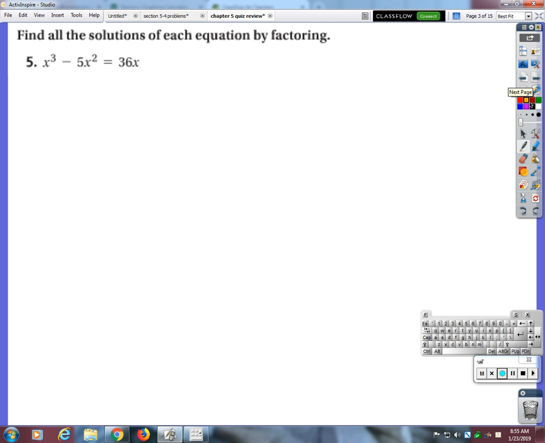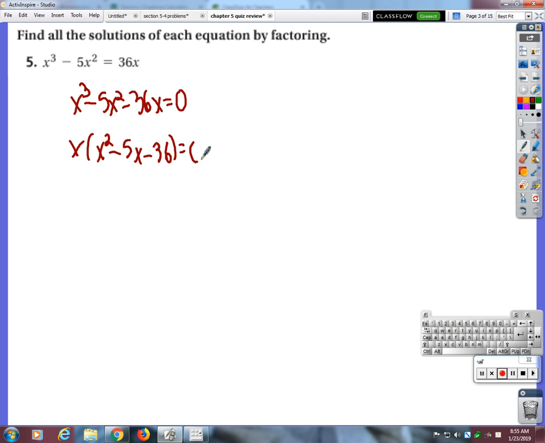All right, let's work on number 5 together, and then I will give you another one for you to, well, we might have to do these all together. What's my first step here? First step is to give Kate a dojo point. Next step is to set it equal to 0. Okay. What can I factor out of all three of those terms? An x. So that leaves me x squared minus 5x minus 36 equals 0.